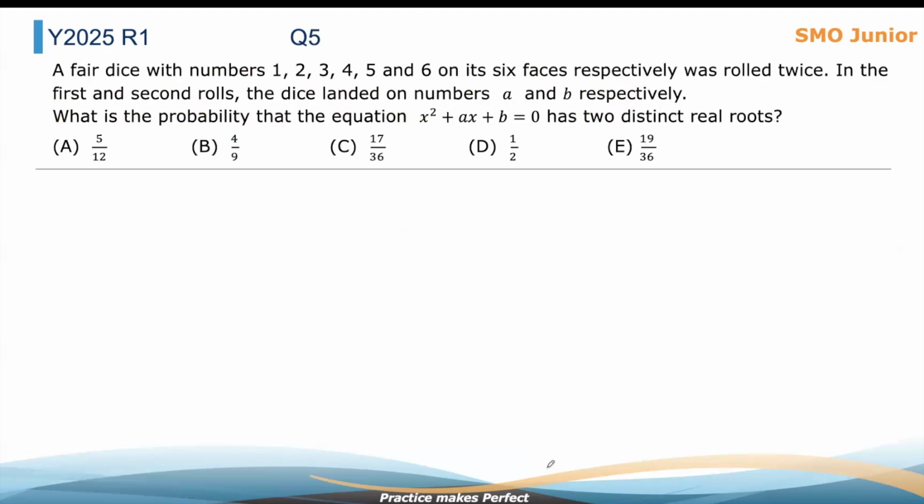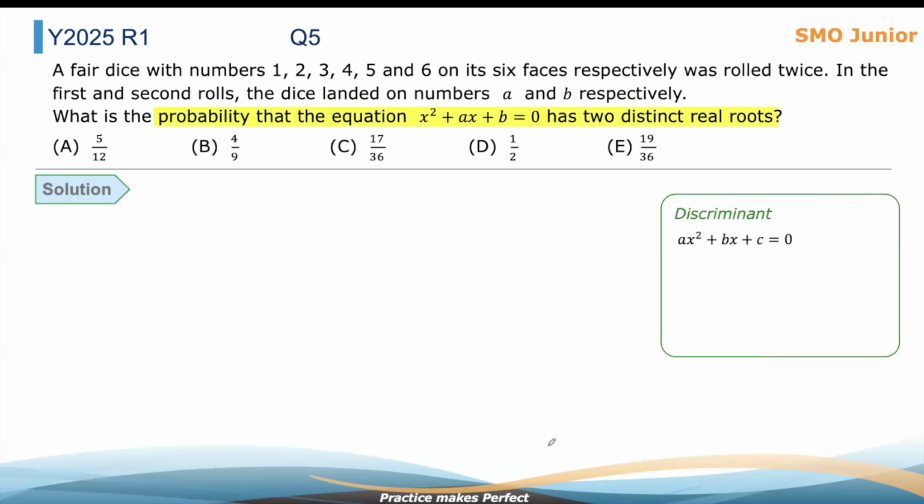Question 5. We need to find the probability that the equation has two distinct real roots. For a quadratic equation, its discriminant equals b squared minus 4ac. If D is greater than 0, we get two distinct real roots.